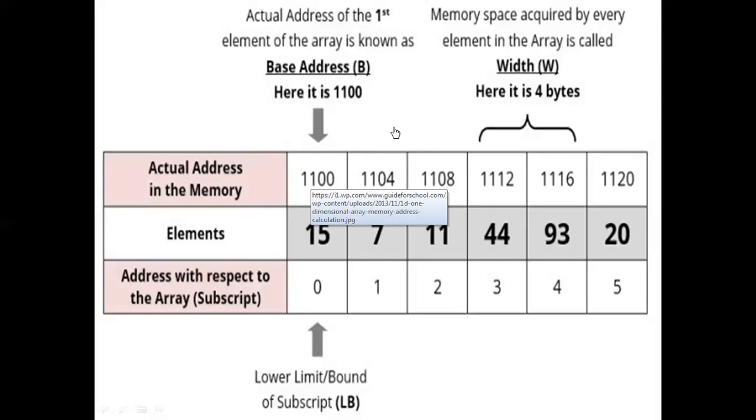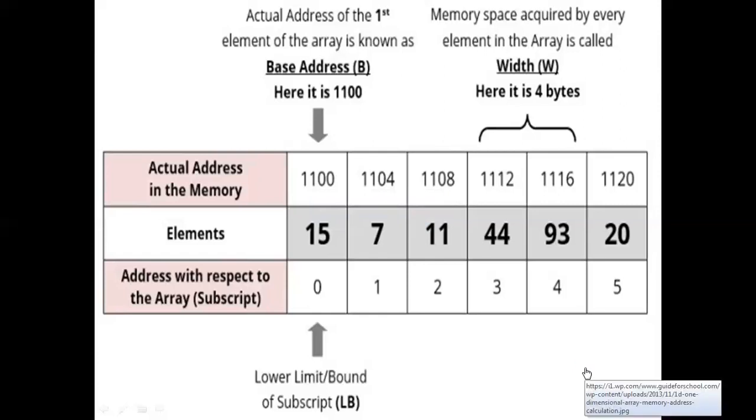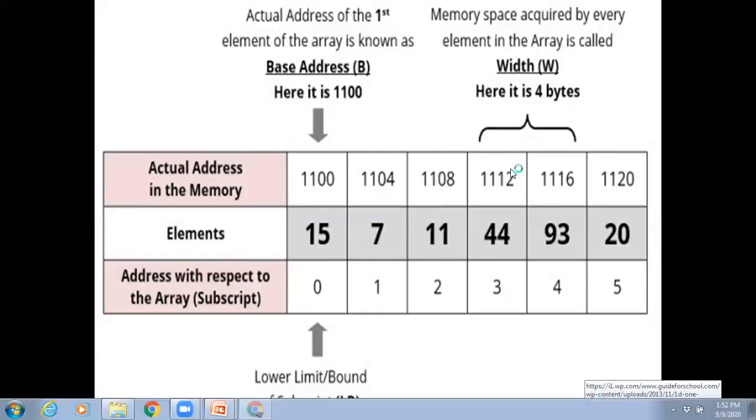Here you will get the doubt: how are 1104, 1108 calculated? Because it is an integer array. In an integer array, the width, the length of any particular element, is 4 bytes.